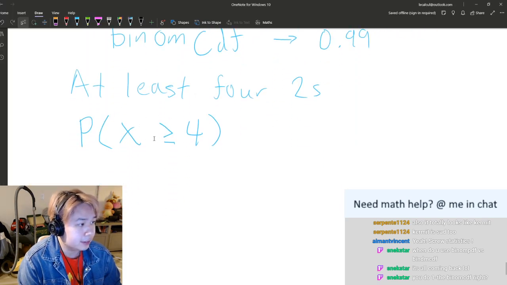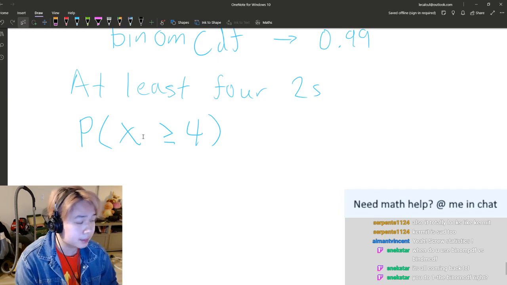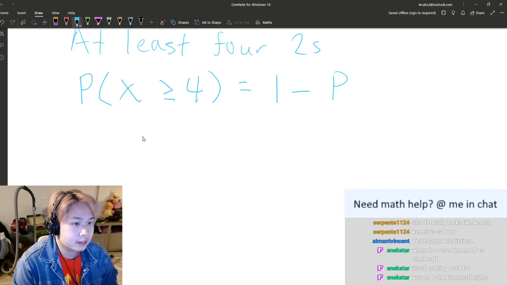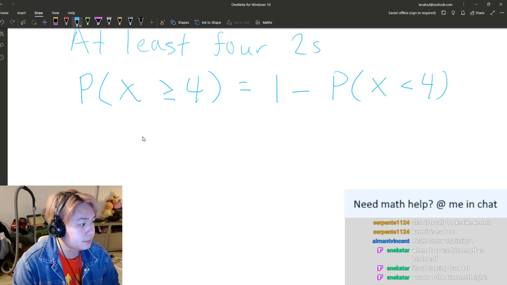So if you ever want to calculate an at least type question, you need to convert it. Luckily, we know that this is the complement to this. If I take 1, which is all probabilities, and I take away all the ones that are less than 4, then what I have left is the ones that are equal or greater than 4.